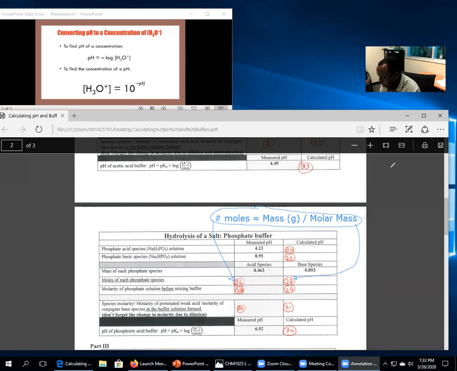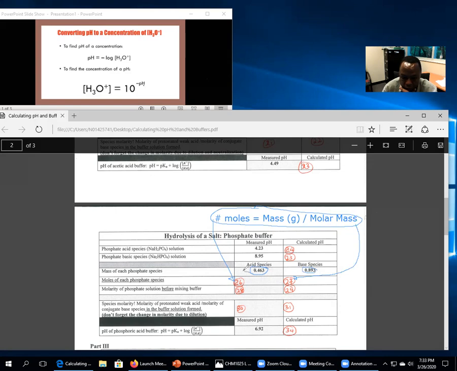Molar mass of the base is 268.07. Do you know the mass of each salt? Yes. This is the mass of the acid species. This is the mass of the base species.